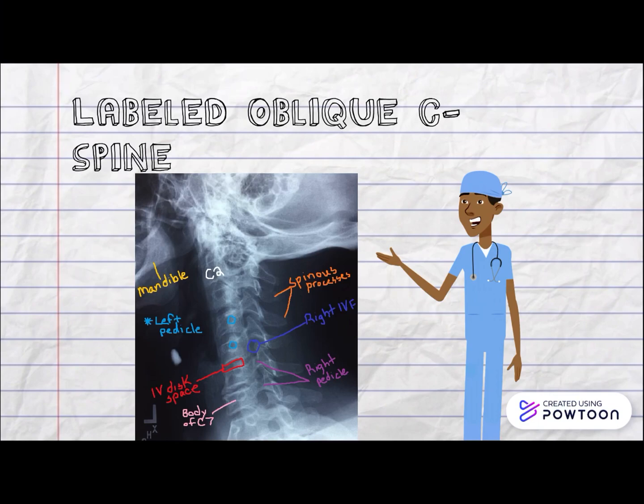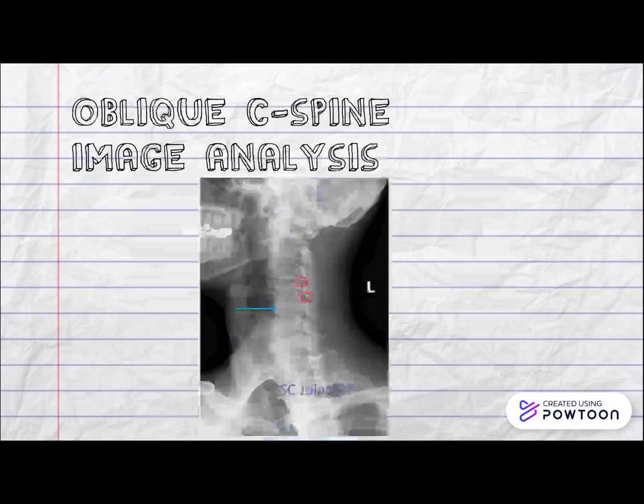arrow pointed to it. In my previous slide, I put a star by the left pedicle, and my reasoning for that is to help you identify whether or not the patient is under-rotated or over-rotated. In this particular image, the opposite pedicle is almost outside of the vertebral bodies, indicating that the patient is under-rotated.